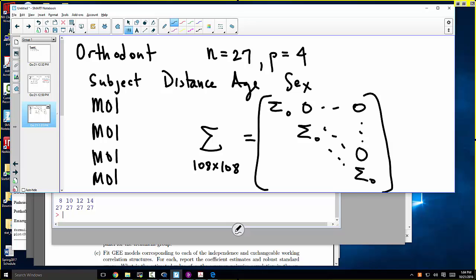This little sigma 0, according to compound symmetric, is going to be little sigma squared times a correlation matrix.